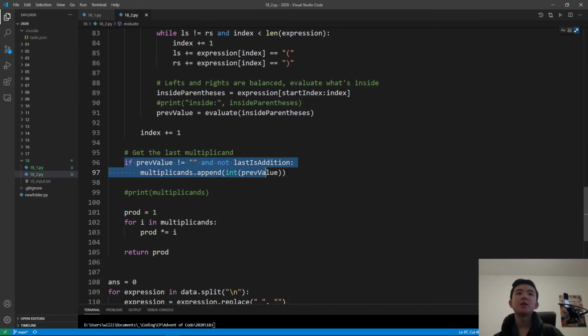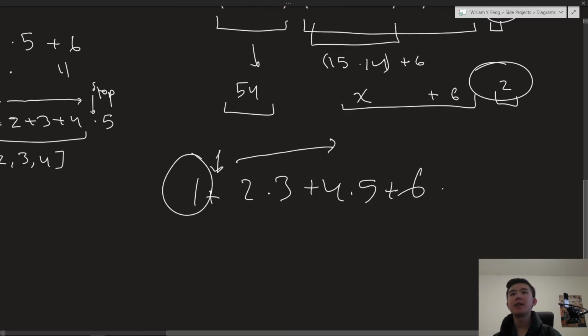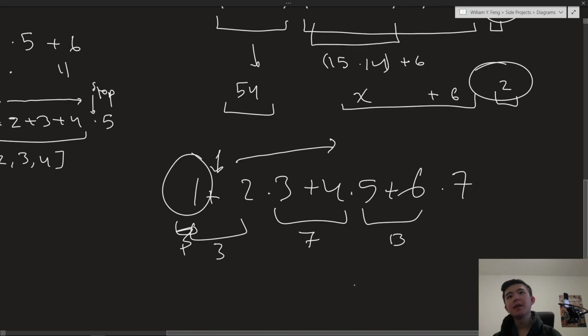Okay, at the end, this is where the last is addition variable comes in handy. Basically, if the last number in the expression is going to be added, then we don't need to add it to our multiplicands. But if it was multiplied, so for example, in this example, if we added a times 7, this would evaluate to 13, this would evaluate to 7, this would just be 1. Oh, sorry, this would be 3.